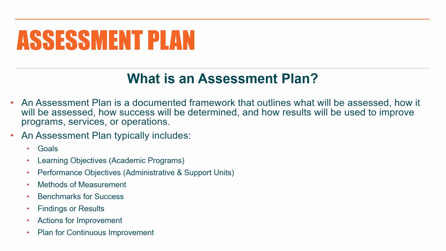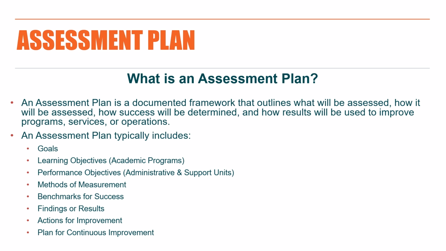An assessment plan is much more than a collection of entries in a software system. An assessment plan is a documented framework that outlines what will be assessed, how it will be assessed, how success will be determined, and how findings and results will be used to improve programs, services, or operations.